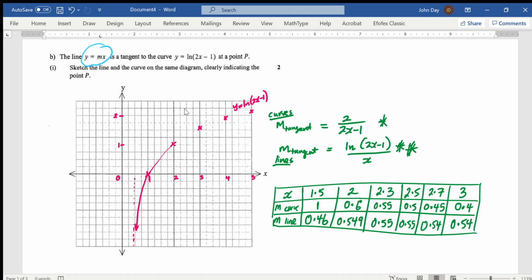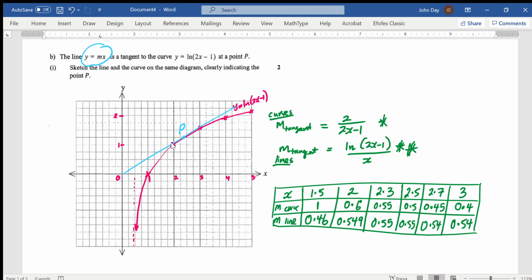After that effort, let's just draw in the rest of this logarithmic curve that I erased, and we'll get another colour and draw in our tangent at 2.3. So about there. That is where it just touches. Okay, so that's clearly our point P.